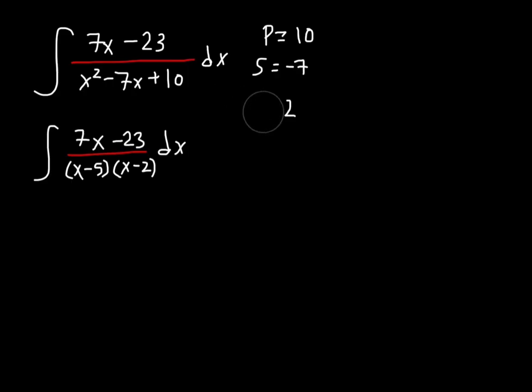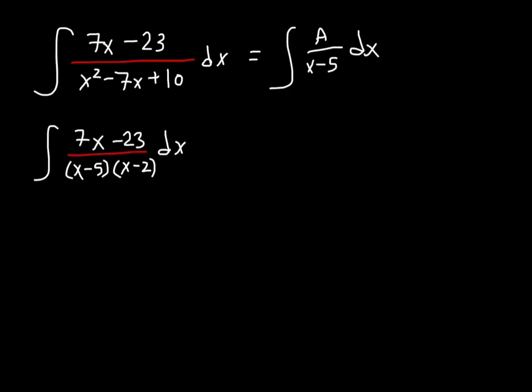Now we'll just break down the fraction. So this is simply the integral of A over (x - 5) dx plus the integral of B over (x - 2) dx. So we're once again solving for A and B, like the numerator.